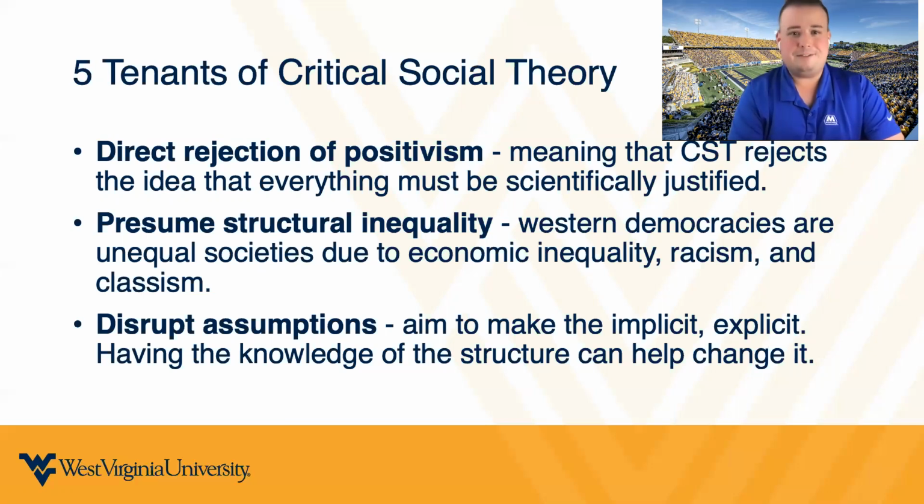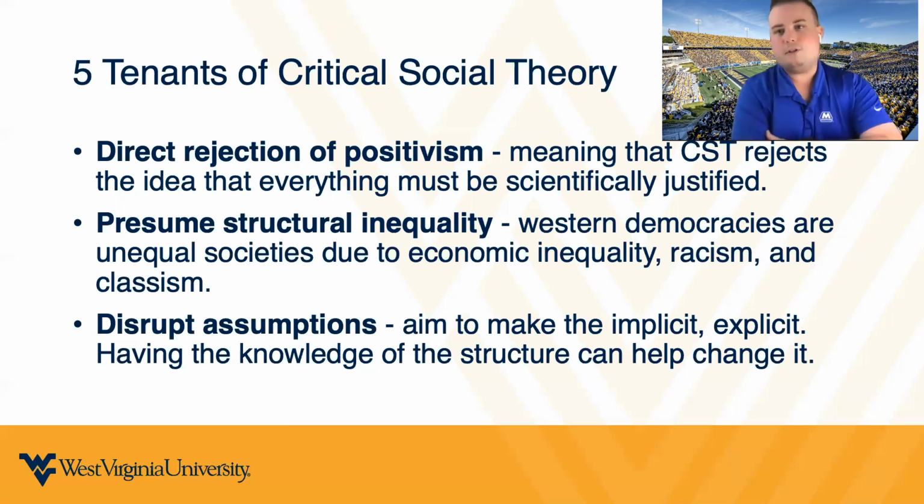People make different amounts of money. We have racial inequalities. We have things that exist here in the world that we have to bring to light. So anything that talks about critical social theory brings to light the idea that we need to understand that there is inequality, and we have to figure out how we're going to fix that, how we're going to adjust these theories to make them suitable to everybody that's unequal within our structure.